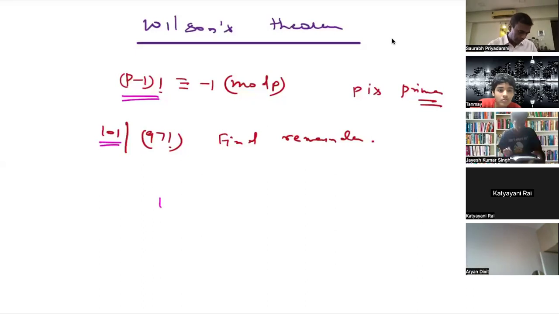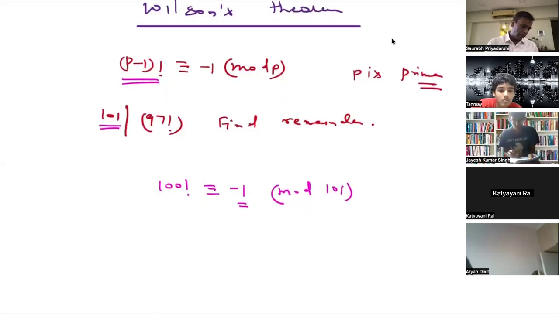So I can say 100 factorial when divided by 101 gives remainder -1. But unfortunately, they are not asking for 100 factorial divided by 101. They are asking 97 factorial.